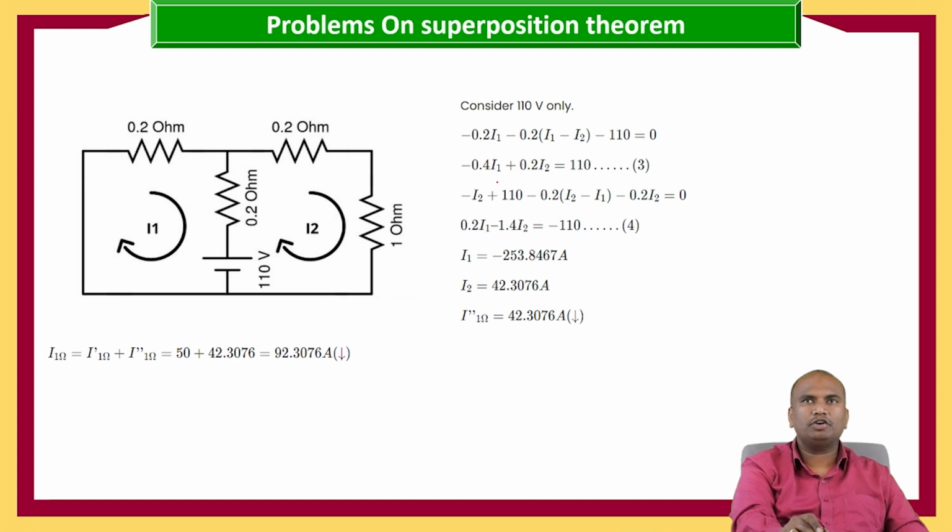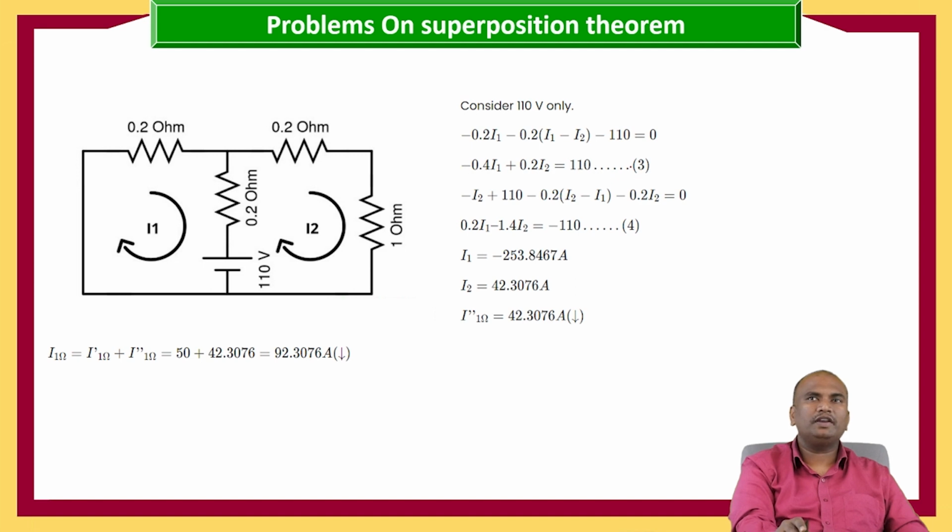From this, minus 0.4 I1 plus 0.2 I2 equals 110. For loop 2, minus I2 plus 110 minus 0.2 into (I2 minus I1) minus 0.2 into I2 equals 0, and here 0.2 I1 minus 1.4 I2 equals minus 110. Now we have another set of equations.